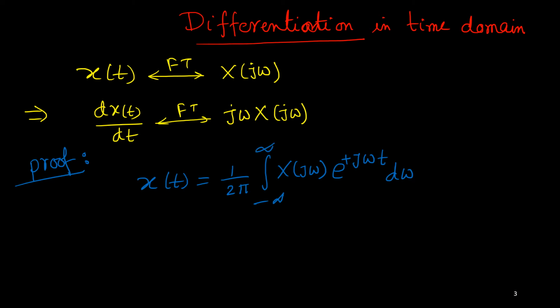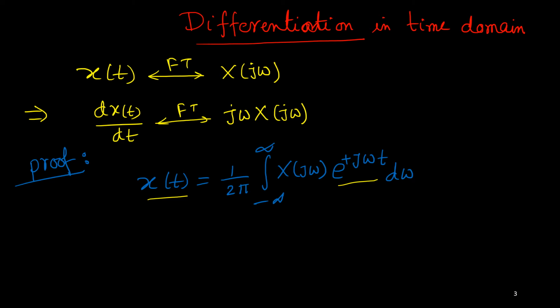Now you see the signal x of t is a time function, and on the right side e to the power plus j omega t is also a time function, but capital X of j omega and d omega are all frequency.